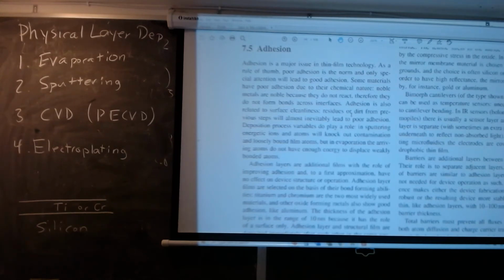Adhesion of a thin film you're depositing on a surface is to a certain extent based upon some chemical aspects.